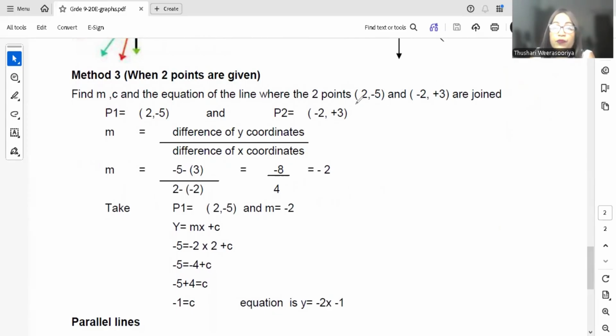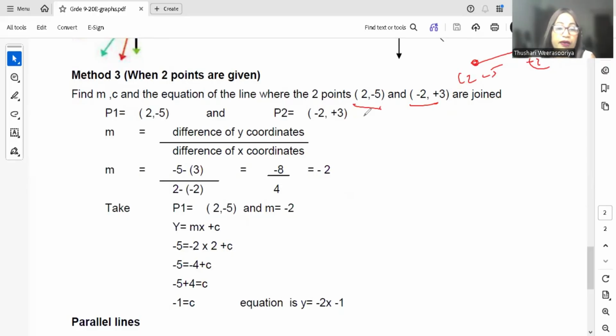They have just given 2 points to find the gradient. Where the 2 points join each other, you get a straight line. These 2 are the points: 2, -5 and -2, plus 3. For the line joining the 2 points, you have to find the gradient, the intercept, and the equation. Once you find the gradient and the intercept, you can find the equation.